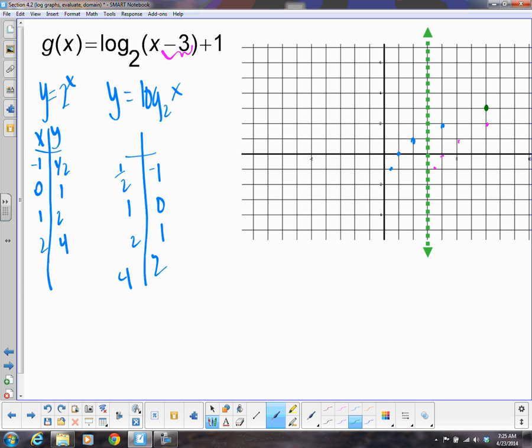So this goes up 1. I'm in green now. This goes up 1, this goes up 1, and this goes up 1. Notice, watch, if I try to move my asymptote up 1, does it really change? No, but the left or right did make a change. So now I need to try to go through my green points. Not bad, though it shouldn't curve that significantly.